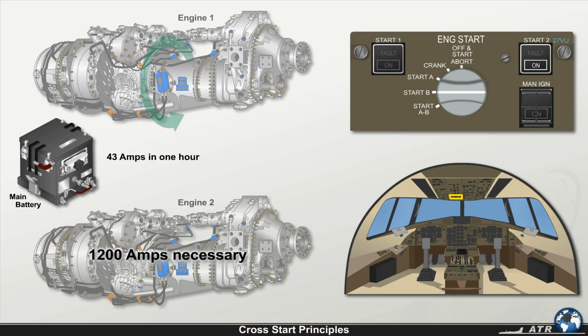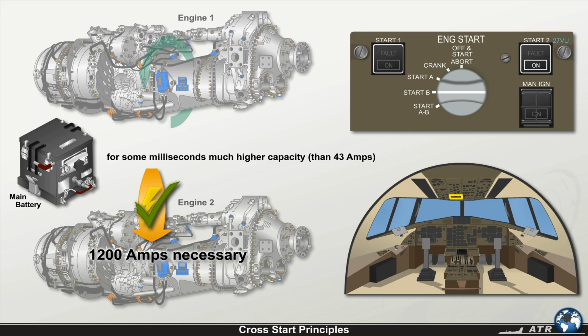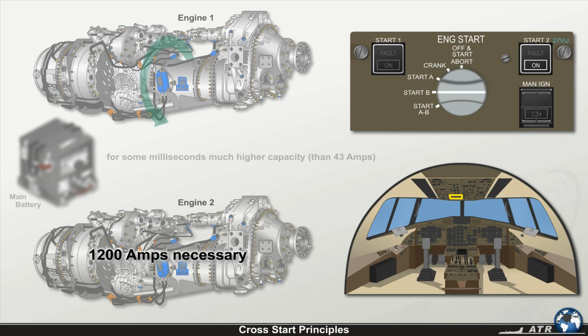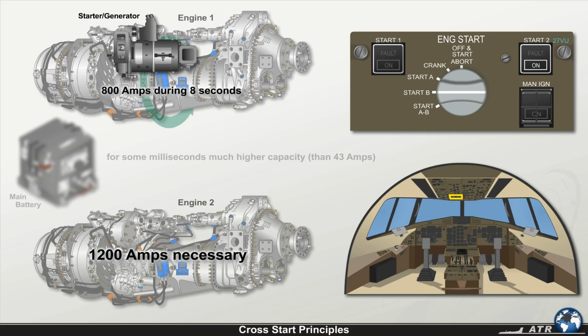But within a very short period of time, some milliseconds, this capacity becomes much higher and sufficient for the engine start sequence. 3. On the other hand, the maximum output of the starter generator is 800 amps during 8 seconds, which is not enough for the engine start sequence.